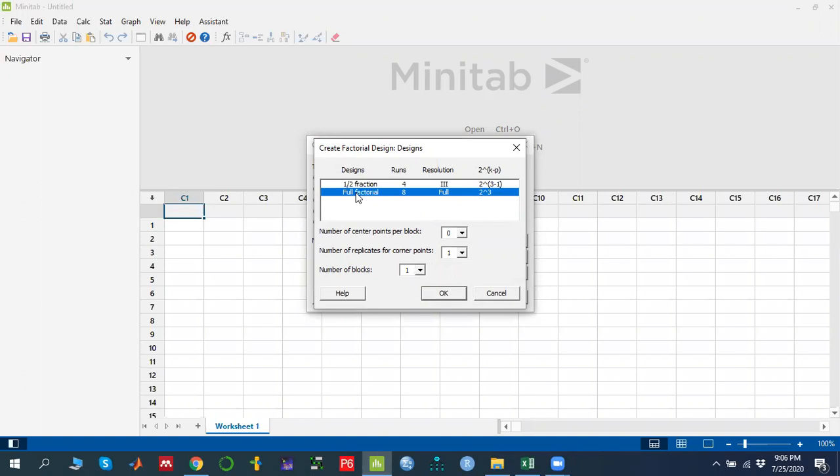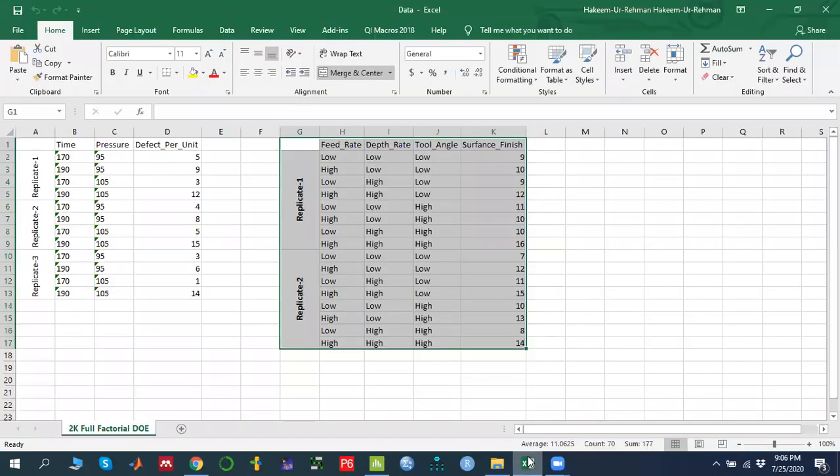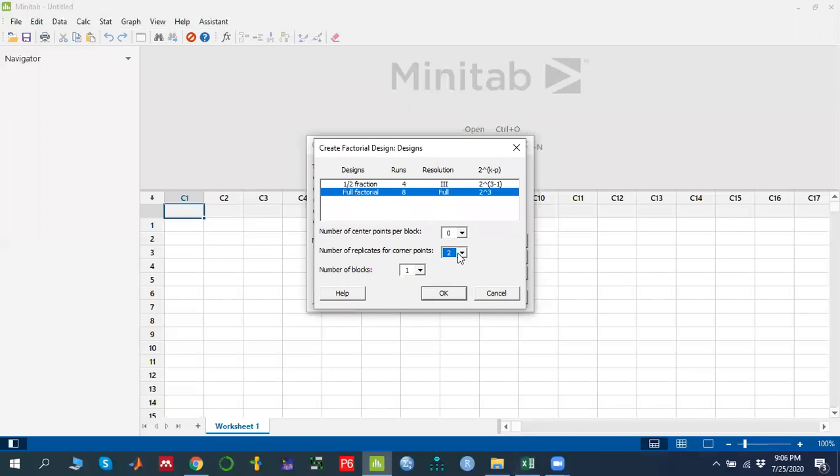Right now we are talking about full factorial, not the fractional factorial design of experiment. In the previous video we talked about full factorial, and in this video also. When we select full factorial, you can see 2^3, that means a total of 8 experiments in one replication. But as the data suggests, we have to repeat 2 times, so the number of replicates must be 2.